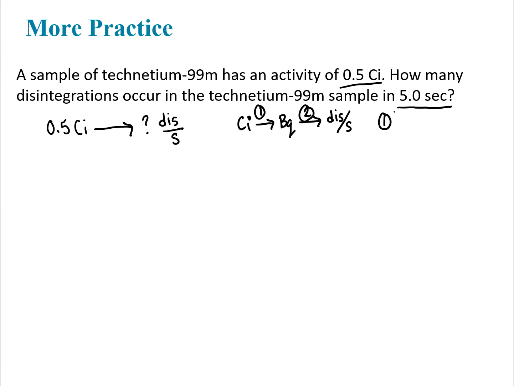Our equality for the first one is 1 curie is equal to 3.7 times 10 to the 10 becquerel.